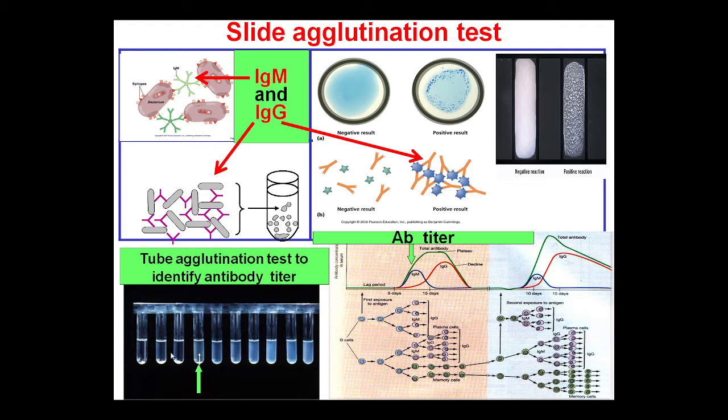You see that the first, second, and third tubes have absolutely transparent liquid with agglutinates on the bottom. The fourth tube, marked by the arrow, contains agglutinates, but transparency is not absolute because some bacteria agglutinate and some do not. The concentration of antibodies in this fourth tube is the titer of this reaction.